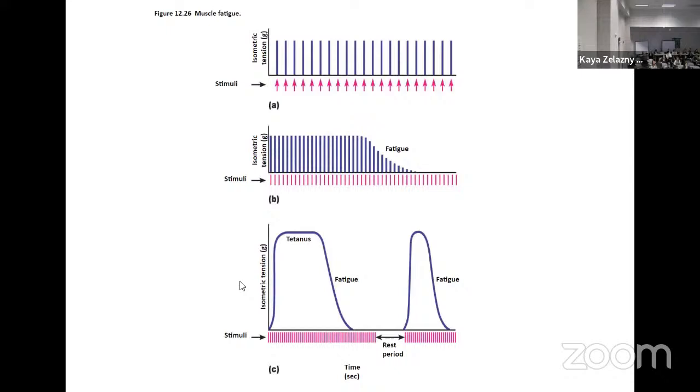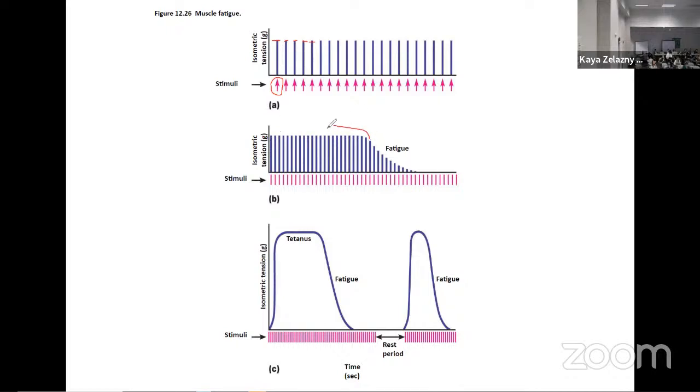So here we are looking at how fatigue happens, right? We can see here that we have stimuli in the form of our pink arrows producing tension. Here we see isometric tension listed. So we're getting some tension, some contraction, some force in response to each of these stimuli.